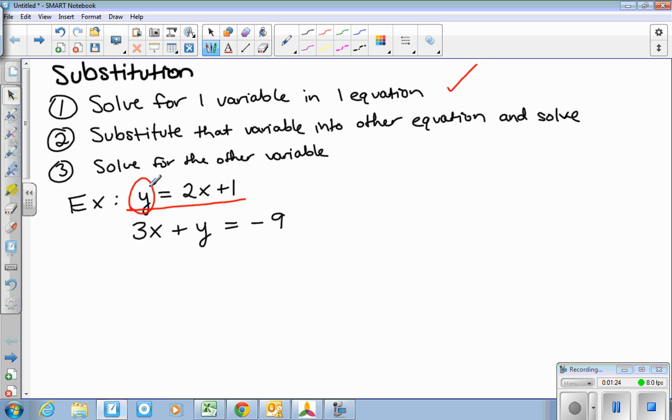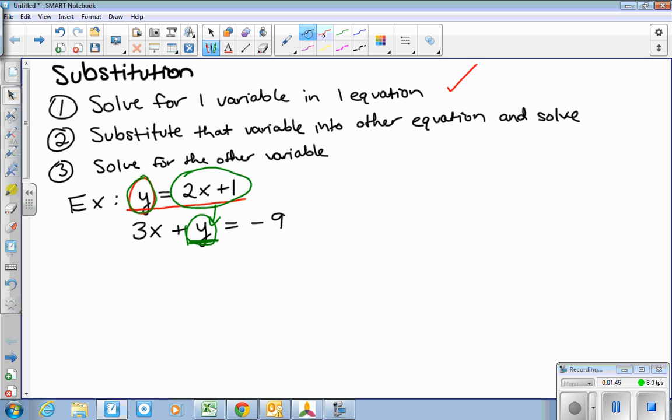What I mean by that is if here you see y equals 2x plus 1, here's a y in the other equation. So if y equals 2x plus 1, I'm actually going to put 2x plus 1 into the place of y.